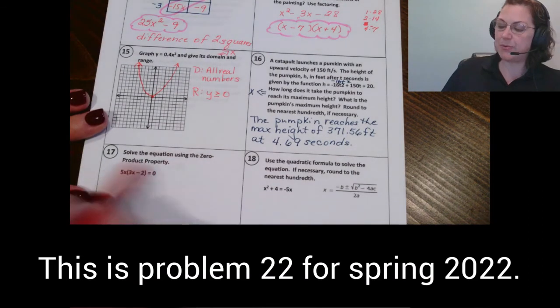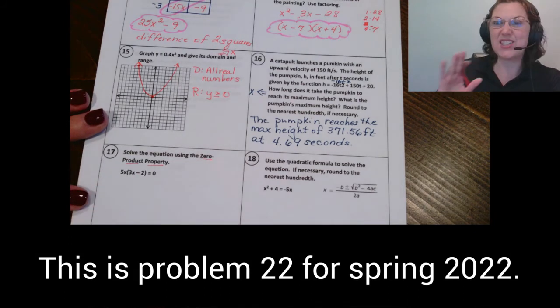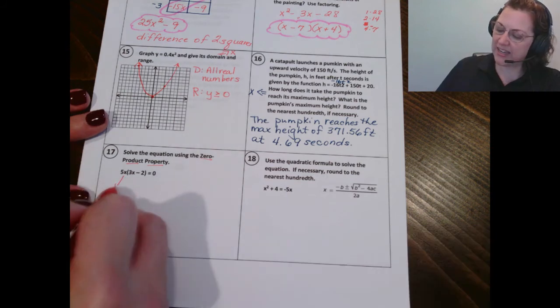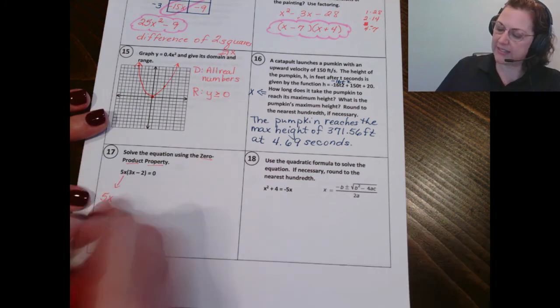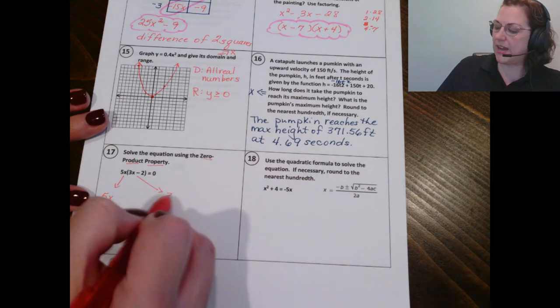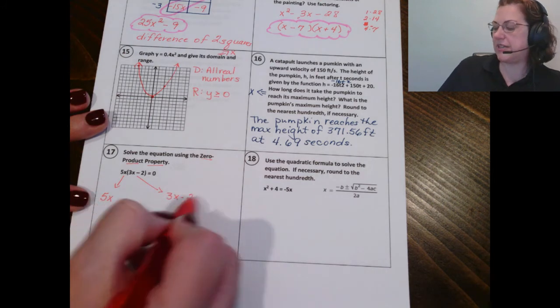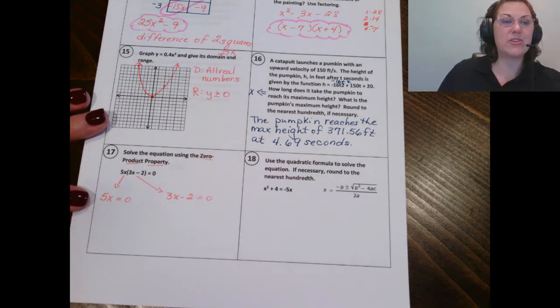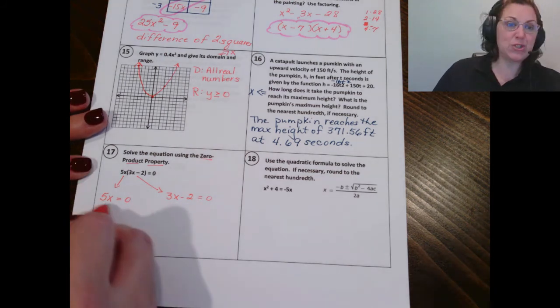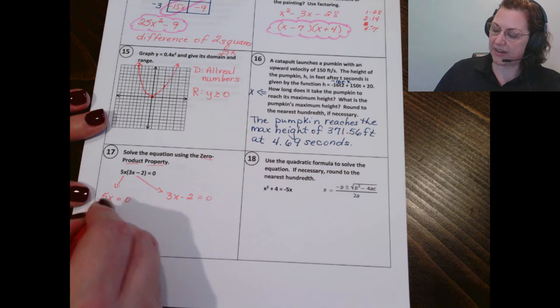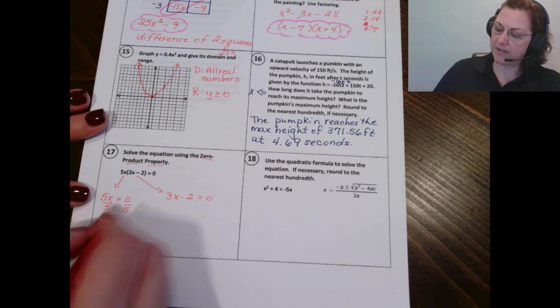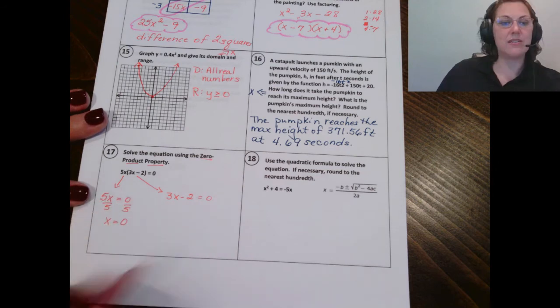Notice on this one, we're being told to use the zero product property. That's a super easy one. You're going to take each of these things, the 5x and the 3x minus 2, and you're going to set them equal to 0, and you're going to solve. So we undo multiplying by 5 by dividing by 5 so that x is 0.